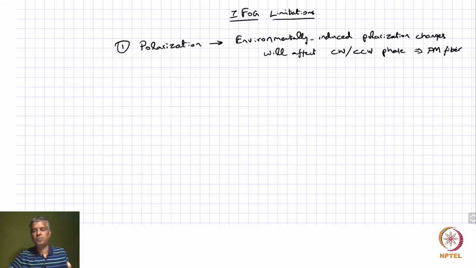Okay, so we could possibly use a panda type of fiber like we talked about previously to limit that. And of course, there is this other type of fiber called an elliptical core fiber, which can possibly give you even better protection from environmental changes.